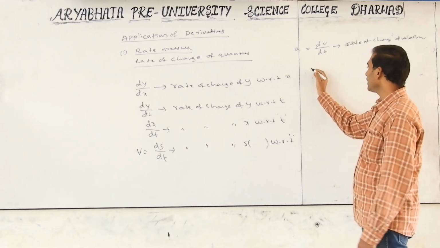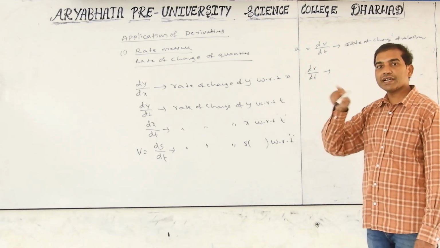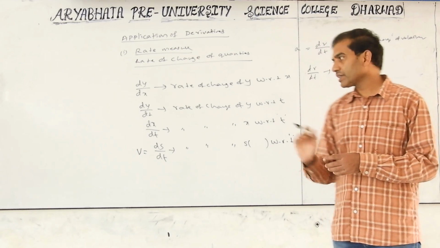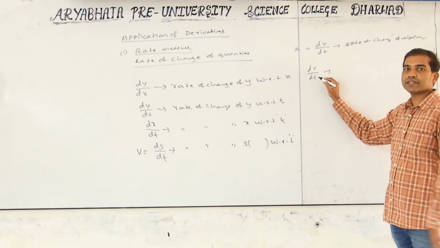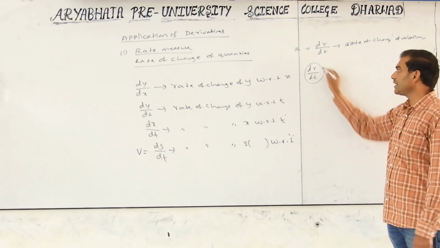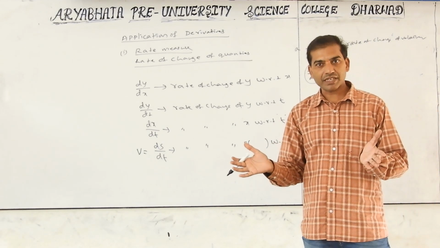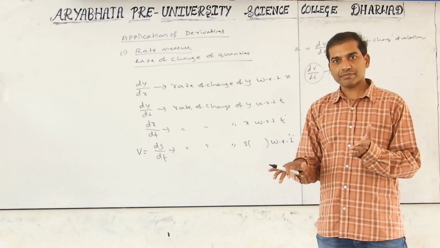Understood? Similarly, dr by dt, where r is the radius of a circle or sphere. What is the rate of change of r, the radius, with respect to time? So dr by dt means the rate of change of radius. Every time you don't need to write "with respect to time".